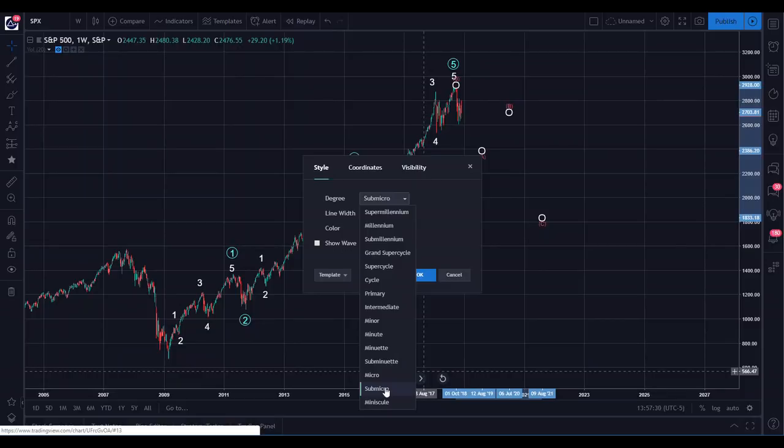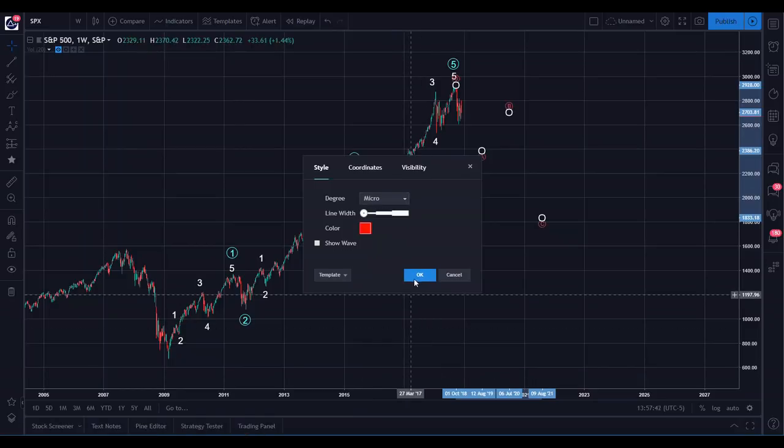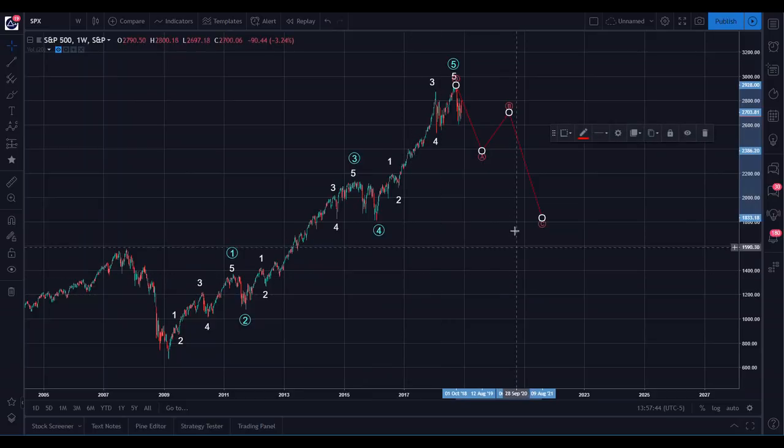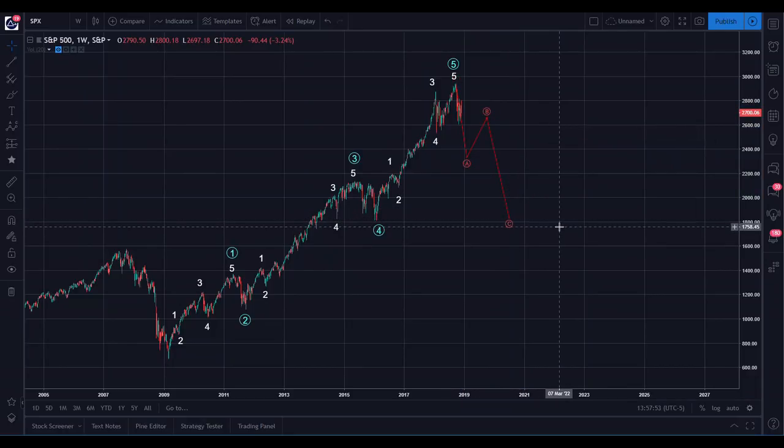Cryptos climb very quickly in a vertical angle and they fall in a very long sideways action. And if this ABC is going to fall quickly, I would put it more vertical like this and down like this. Okay? And this would probably be 5, 3, 5. In other words, it'll be a zigzag.